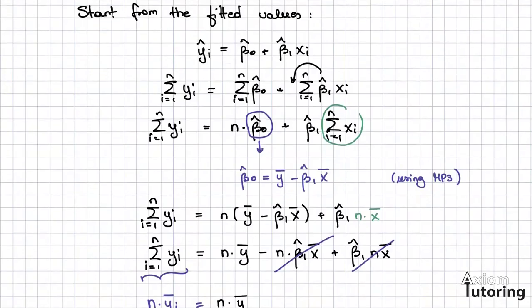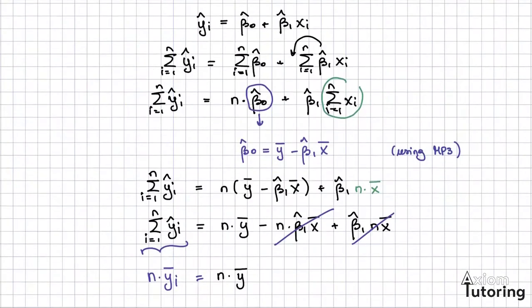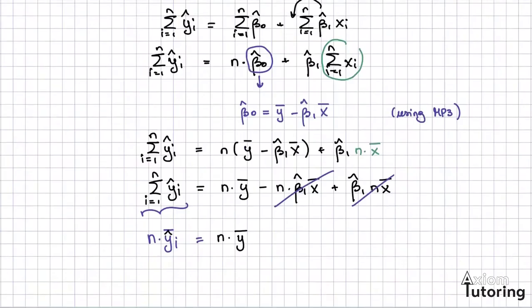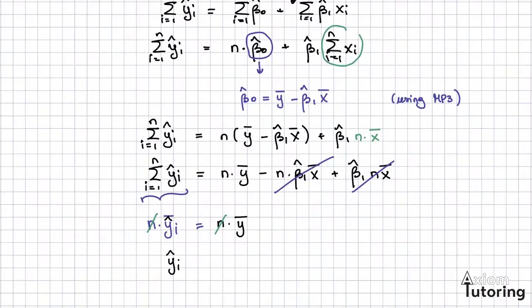And here, let's add the hat. Sorry, I have forgotten to add it in all of our part here, so that means the hat should stay over here as well. The n cancels out, and finally we have what we were looking for, that the average of our fitted values is identical to the average y.